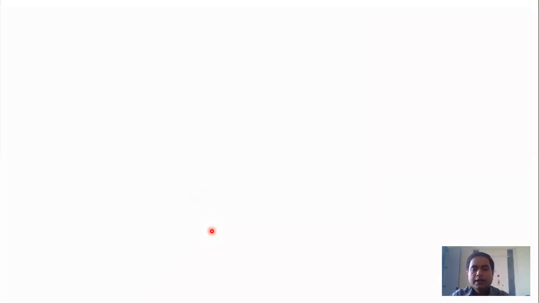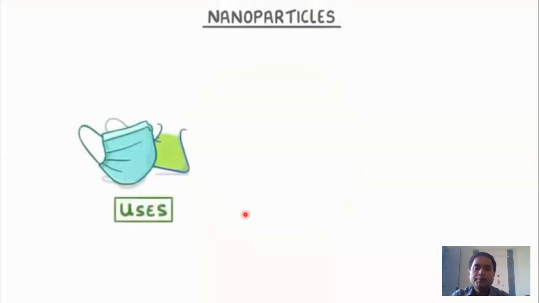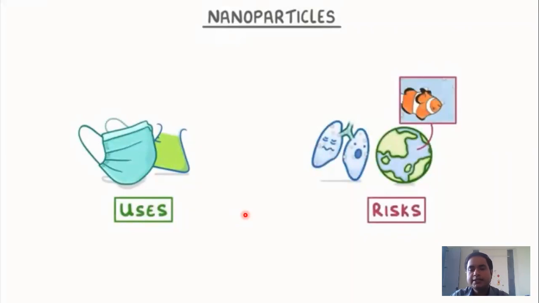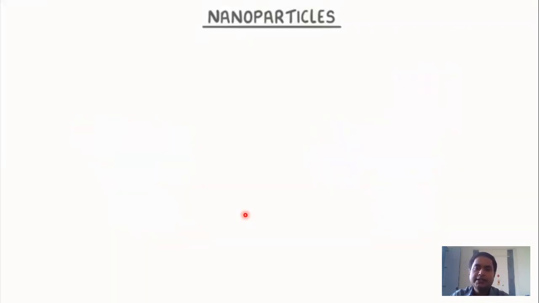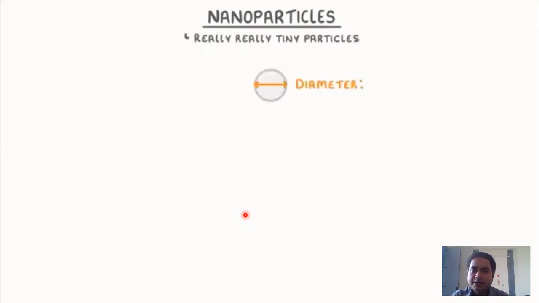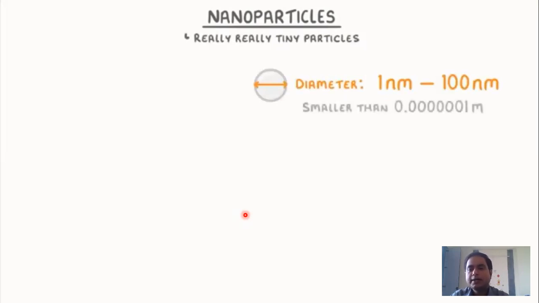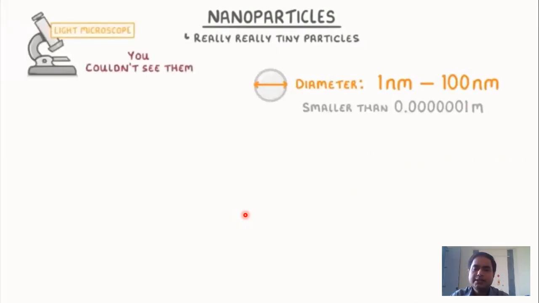So we will learn about nanoparticles. Nanoparticle uses and the risks associated with nanoparticles we will investigate in this lecture. A nanoparticle is a very tiny particle with a diameter of about 1 nanometer to 100 nanometers.